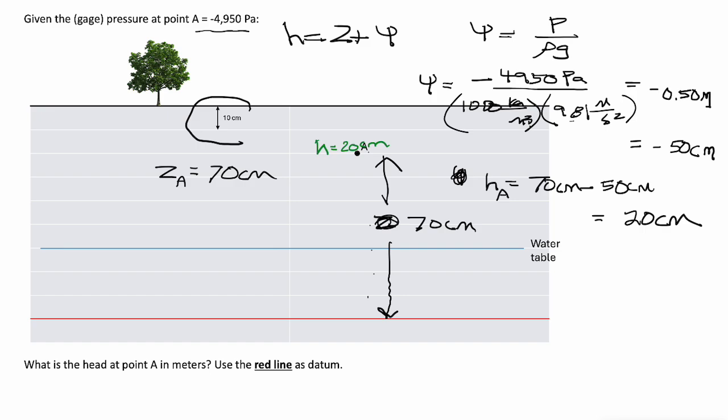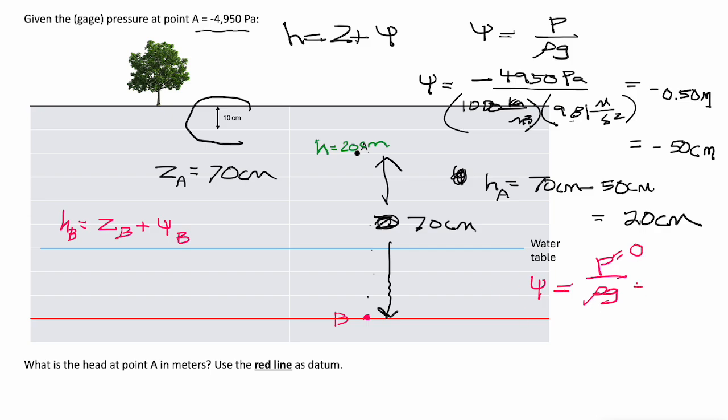All right, so now, as always, we're going to do the same thing because we are asked to determine which way water is moving between A and the water table. So once again, we're going to pick a point right beneath it on the water table. We'll call that point B, and we're going to determine the head at point B. So at point B on the water table, we have Z, the elevation of point B, plus psi at point B. First part super easy, since psi is always equal to P over rho G, and at the water table, the gauge pressure is equal to 0.